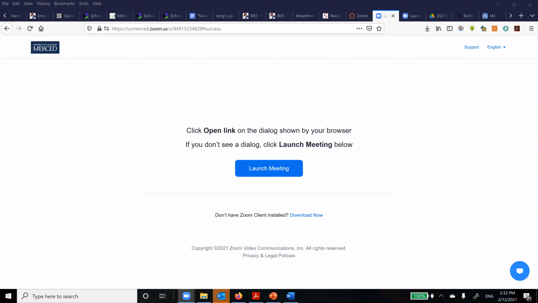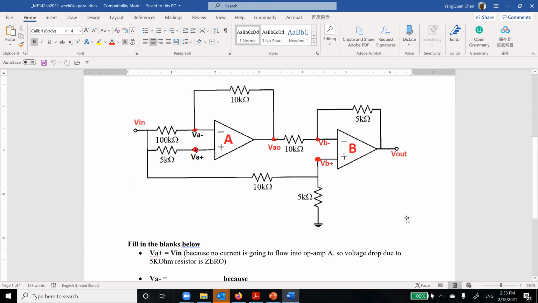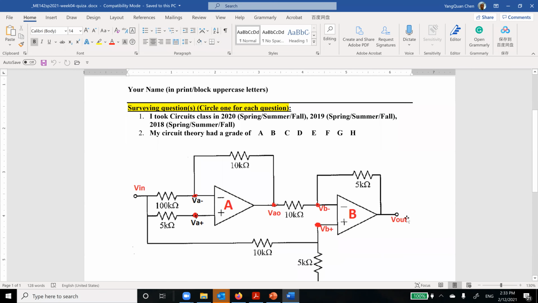Let me hide this thing and show you this. Do you see a circuit on your screen? Shall we make this one a little bit bigger? Okay. So you need to tell me what grade you had for the circuit theory.